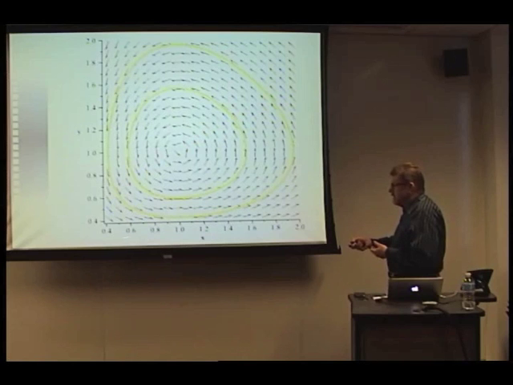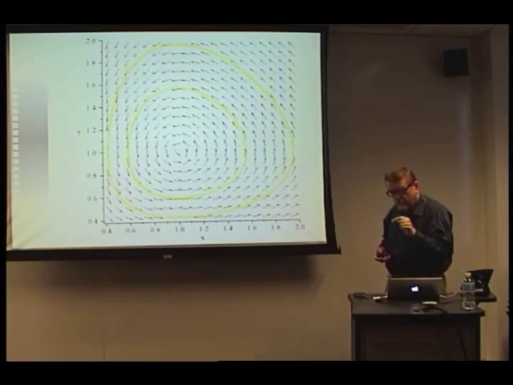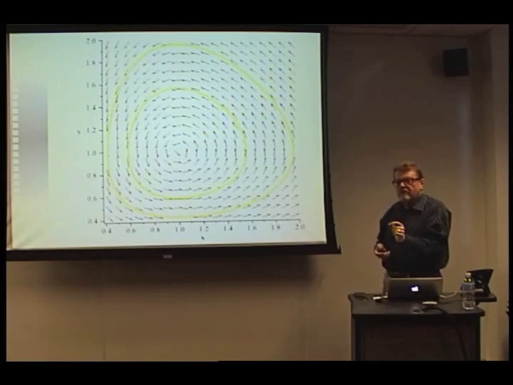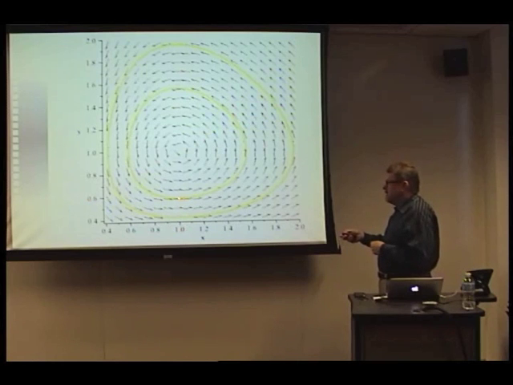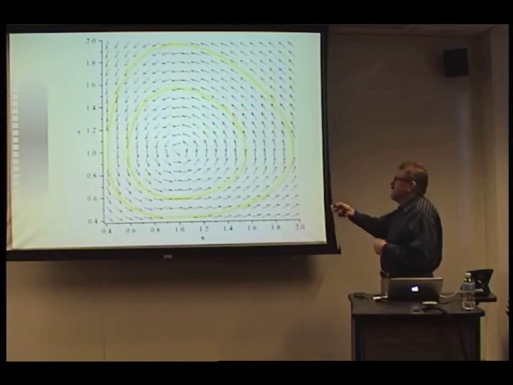So here's a phase plane for this system. Here are our x and y variables, and each of the yellow curves is a different starting value of the number of predator and prey. So if we start with x equals 1 and y equals 0.6 approximately here, then this is how the system is going to behave.